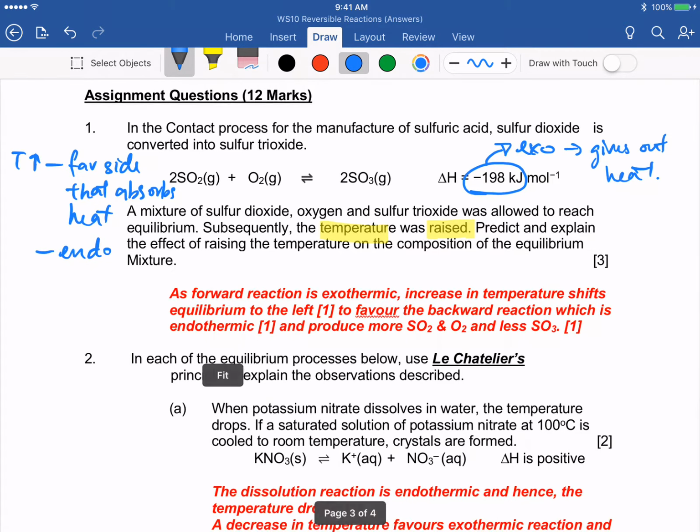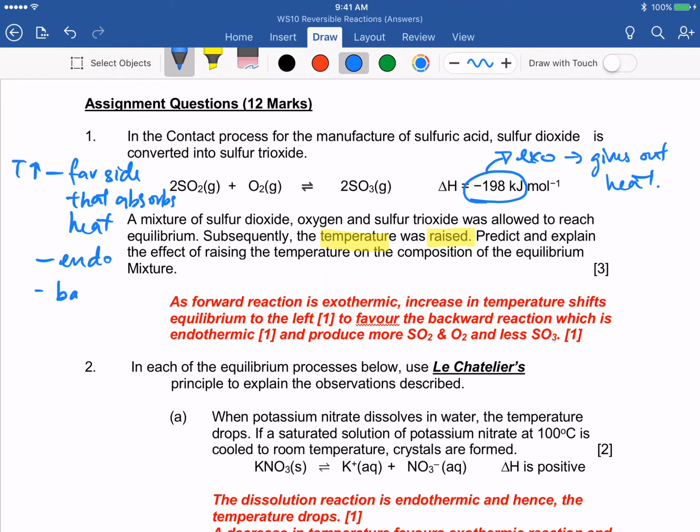Hence, it favors the backwards reaction. So we'll have less SO3 being produced. As the forward reaction is exothermic, when we increase temperature, we shift equilibrium to the left to favor the backwards reaction that is endothermic. So remember, when we increase temperature, we favor endothermic reactions.